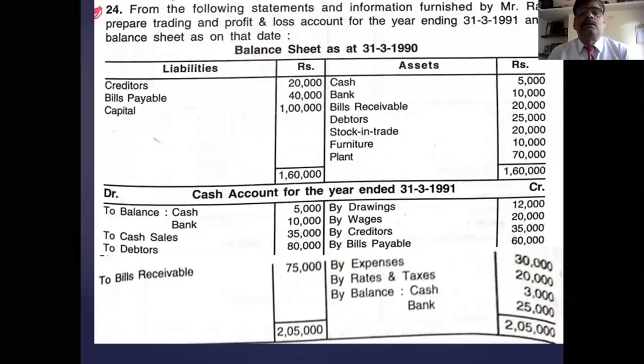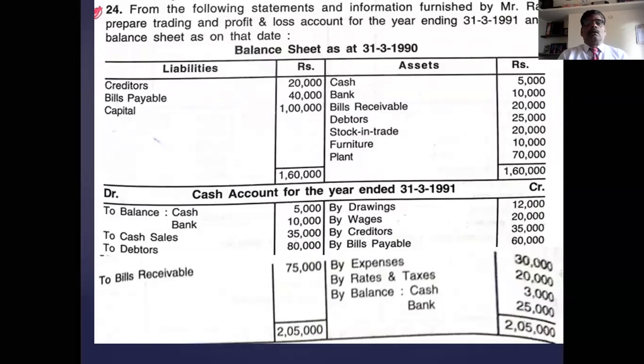From the following statements and information furnished by Mr. Raj, prepare trading profit and loss account for the year ending 31st March 1991 and balance sheet as on that date. They asked to prepare the balance sheet and trading profit and loss account.